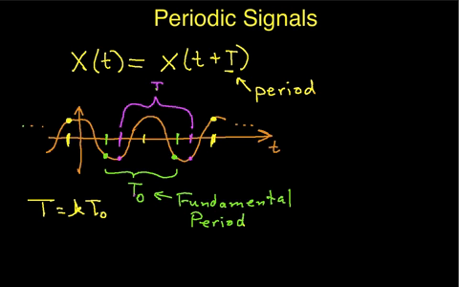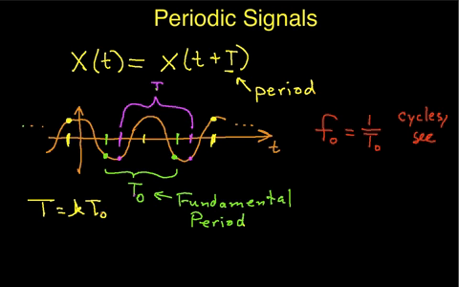Okay, so that's the fundamental idea behind periodicity. Some important things that we also think about when we look at periodicity. One is the fundamental frequency of the signal. This is 1 over the fundamental period. And the idea is that frequencies are measured in cycles per second.